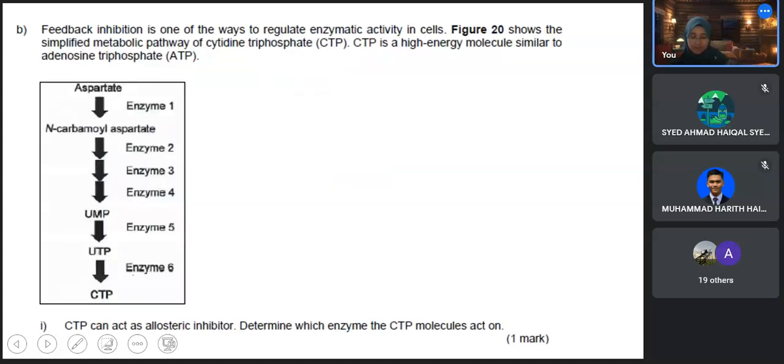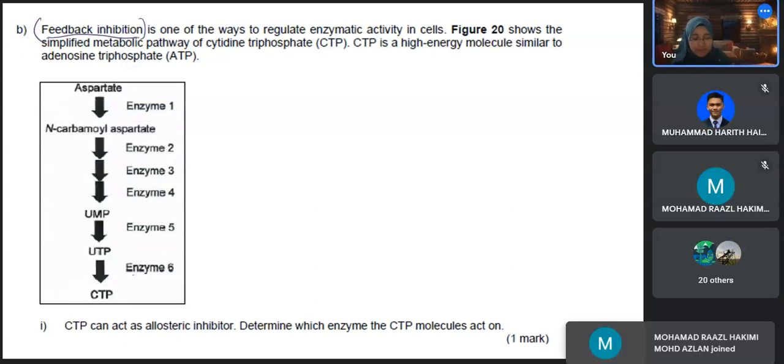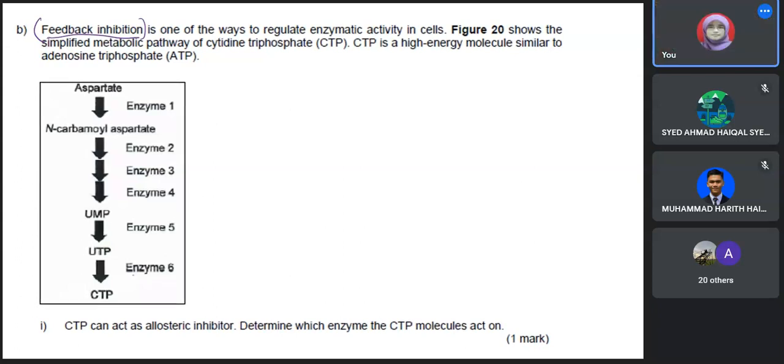Okay, so next question. It says here feedback inhibition. Feedback inhibition is one of the ways to regulate enzymatic activity in cells.